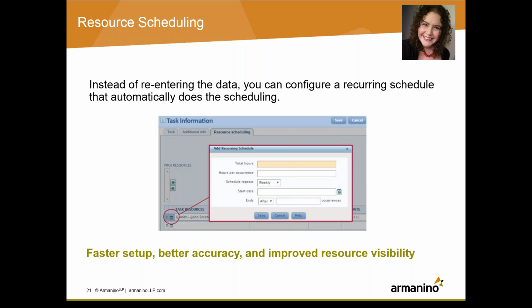This allows you to schedule the total number of hours and the total per occurrence. So if somebody's going to be working 5 hours for the next 10 weeks, your total hours would be 50, and your hours per occurrence would be 5. You would set your schedule to repeat weekly, set your start date, and then your number of occurrences for the repeat.